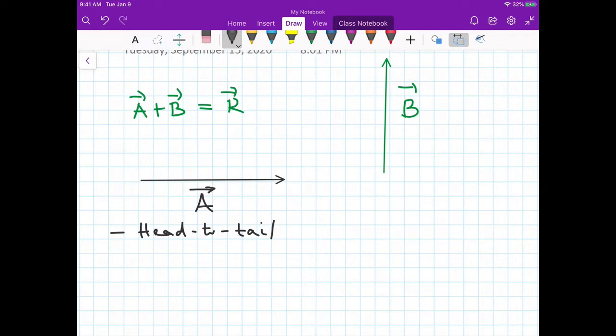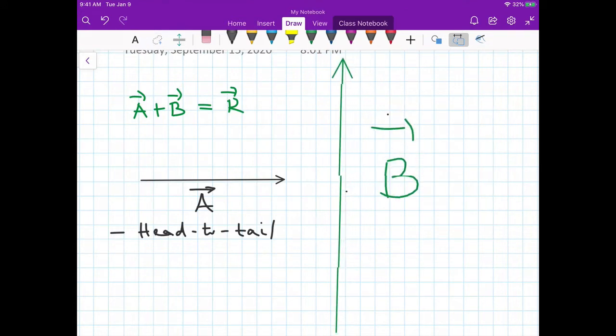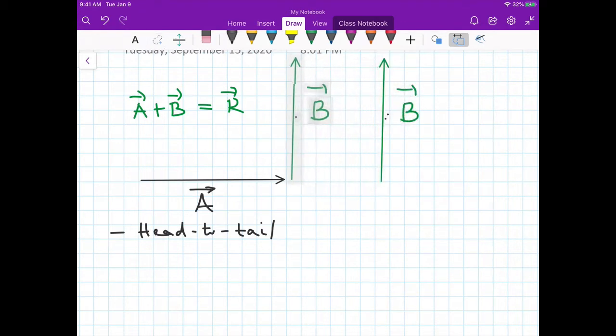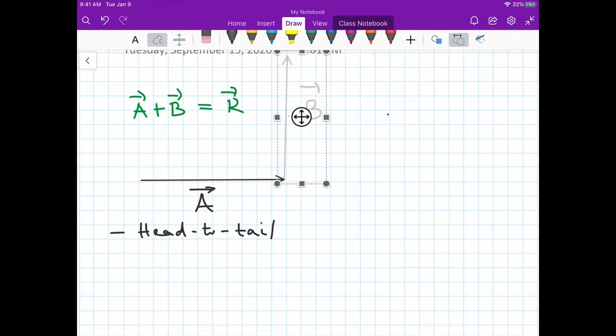So what you will need to do is move that vector and bring it close to the center, right there like that. Now you have vector A and vector B connected head to tail.